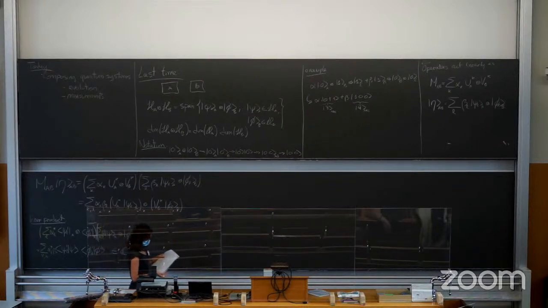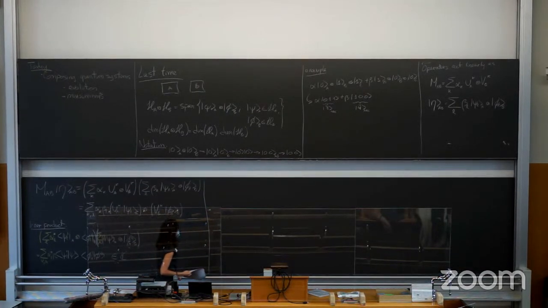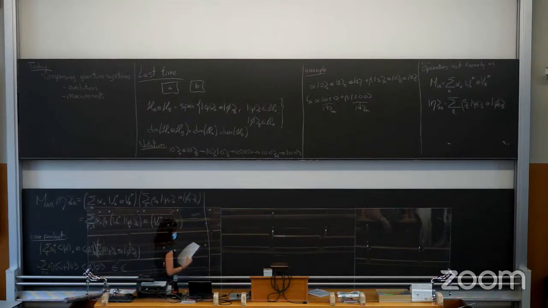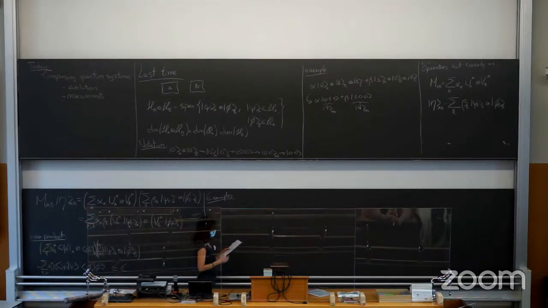But we'll do it once so that we can see it. And we'll just do the examples with qubits, because later on in the lecture, we'll do lots of continuous systems and larger systems and so on.